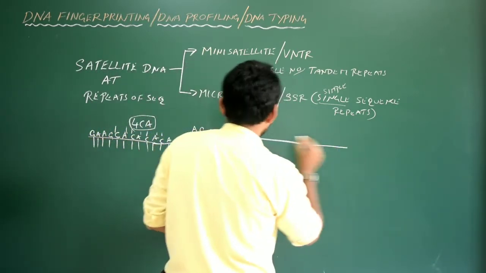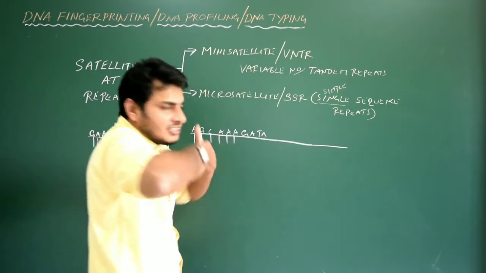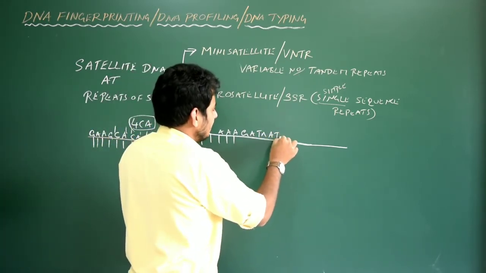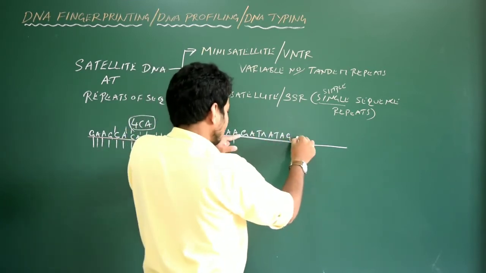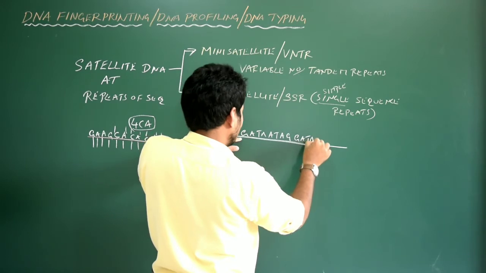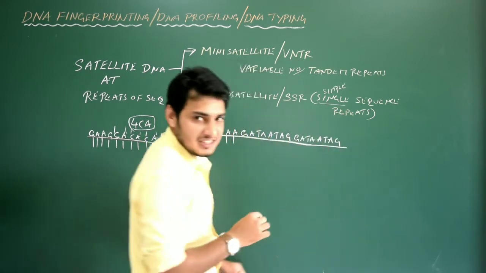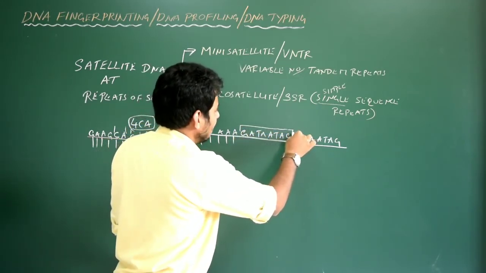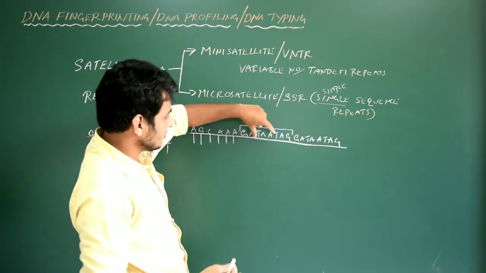Now let me write GATA, ATAG. Okay. Next again ATAG. So that means it is a repeat, even though containing different nucleotides. Fine. So this is now one sequence.